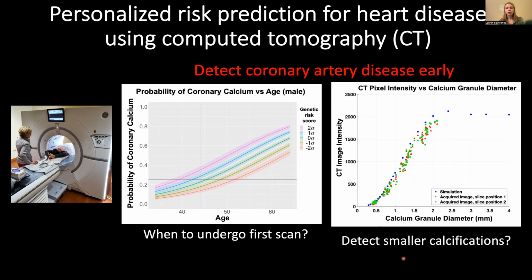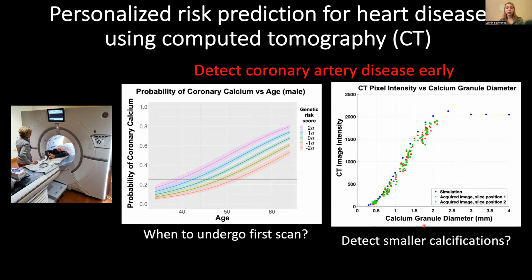I also wanted to know if we could detect calcifications earlier in the patient's life, when those calcifications are smaller. But calcium detectability on CT depends on a lot of different parameters, ranging from the physics of the scanner to the size of the patient. So I developed a computer simulation to calculate a highly accurate estimation of the calcium signal, or CT image intensity, shown here on the y-axis, for a range of calcium granule sizes, shown here on the x-axis.